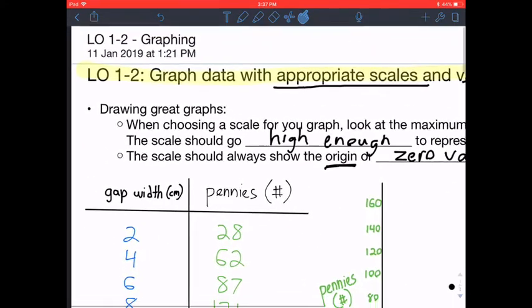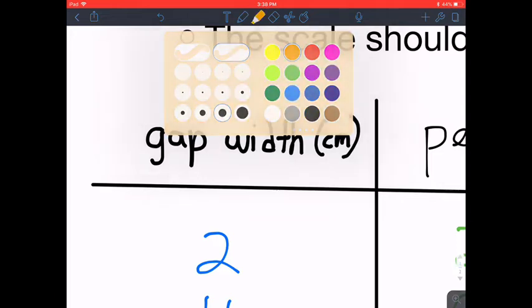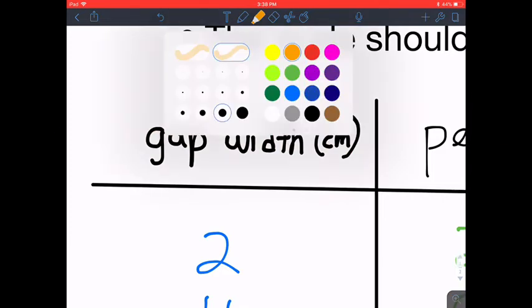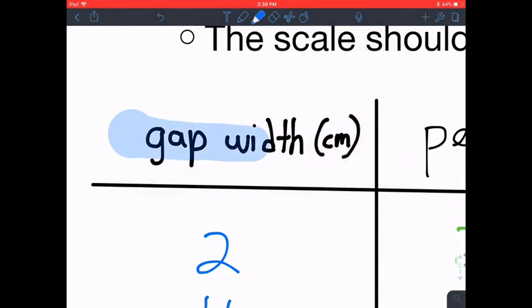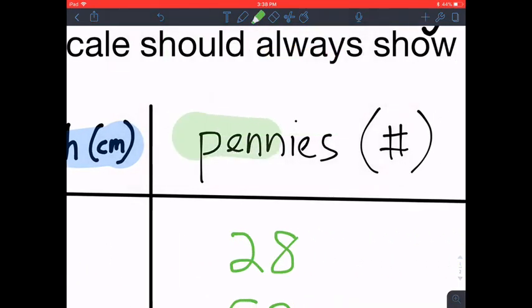So an example over here is we listed that this variable was going to be gap width. I'm going to highlight this in orange. It would be gap width in centimeters. Actually, let me change that. Let's highlight this in blue because it is the independent variable. Gap width in centimeters. And this is going to be pennies. And the unit we're using is the number of pennies.